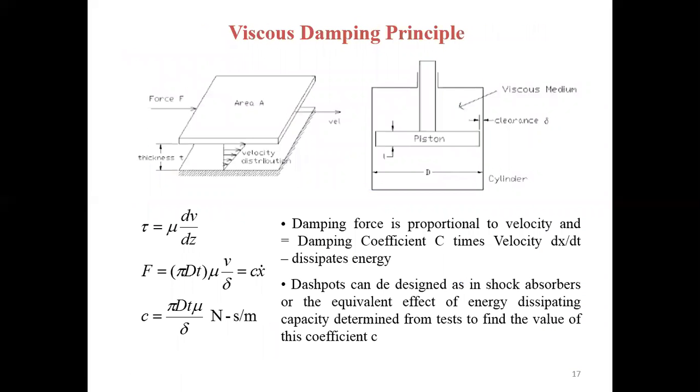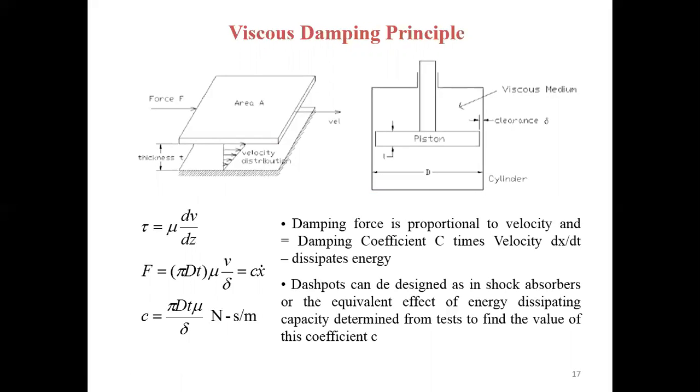Now viscous damping. What is viscous damping? When the damping is created with the help of a fluid, or if we use a fluid as a damper to absorb the external force energy or absorb the vibration of the system, then the damping is called viscous damping, right?